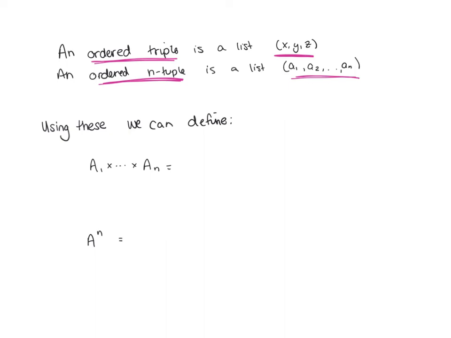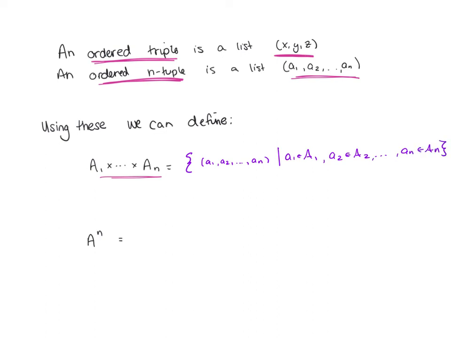So with that, I can define these higher Cartesian products. I can say this is just going to be the set of objects (a1, a2, all the way up to an), where a1 comes from set A1, a2 comes from set A2, all the way down to an coming from set An.